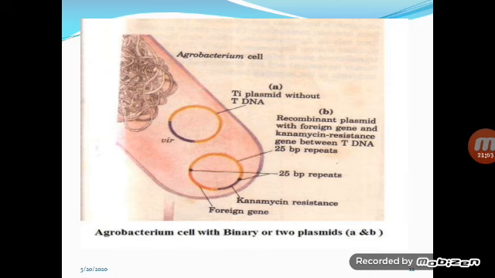The kanamycin resistance gene is present, and any foreign gene, our desired gene which we want to integrate into the plant genome, is also present.